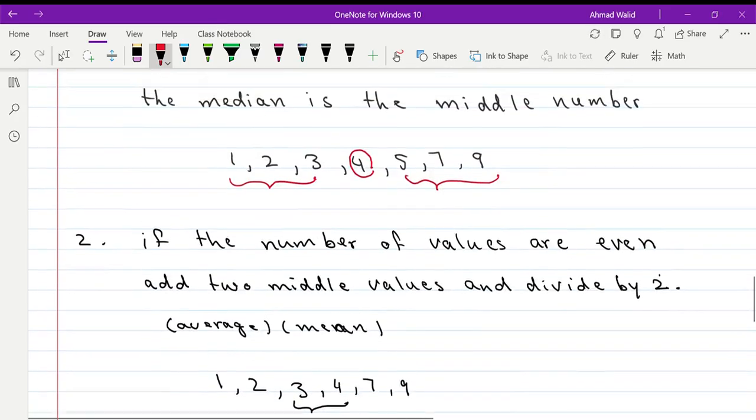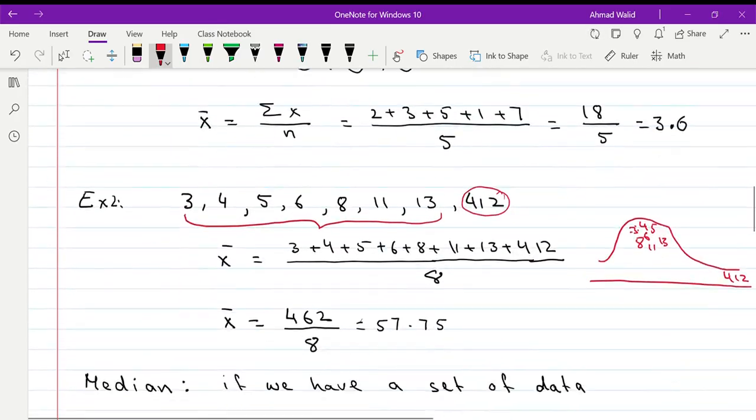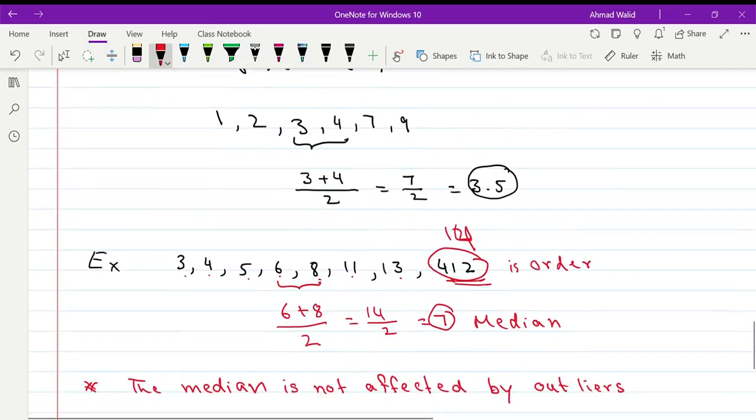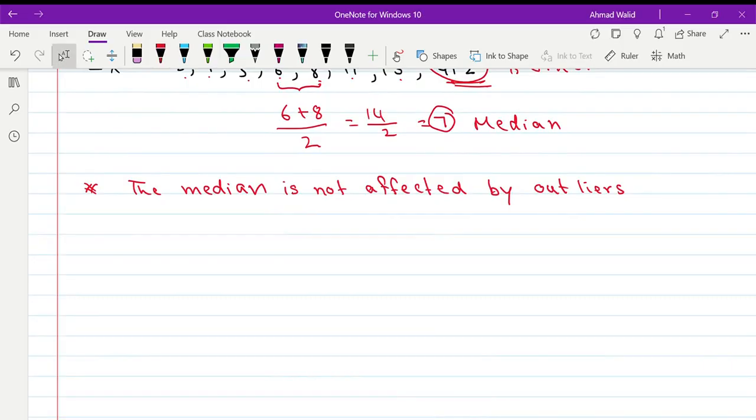Here I even show it in a graph. I try to sketch something to show it for you. Your 412 is an outlier. It's too far from the rest of the data. But you see here, the median is not affected by that outlier. Correct?